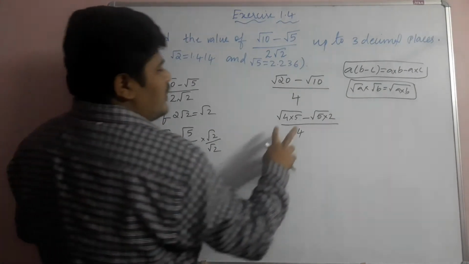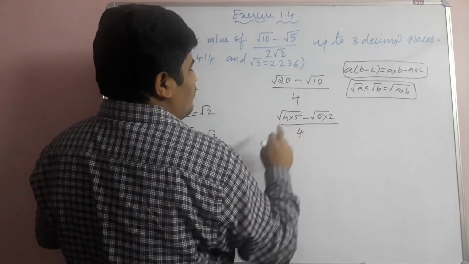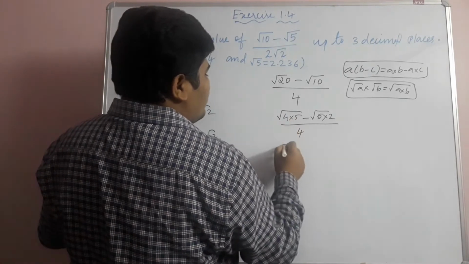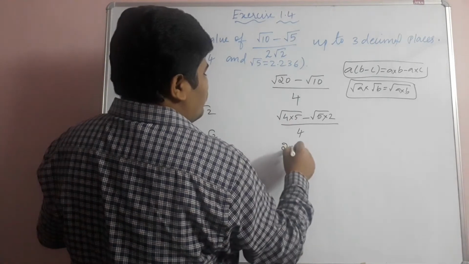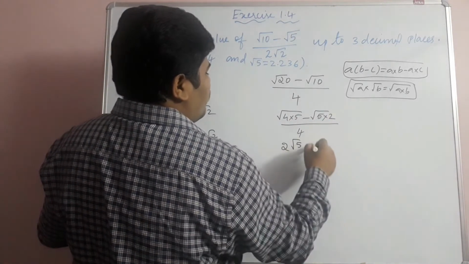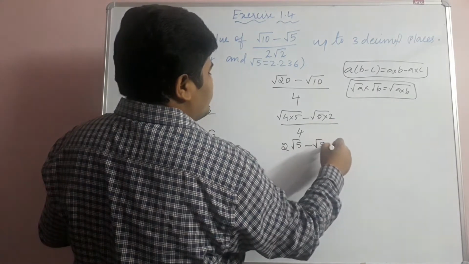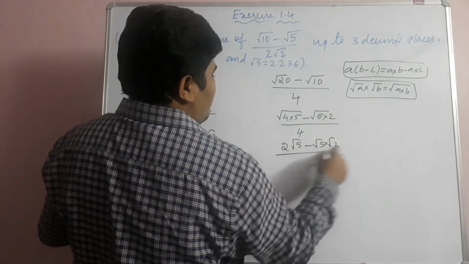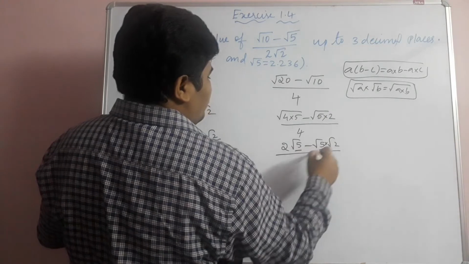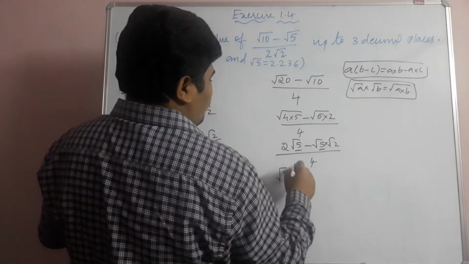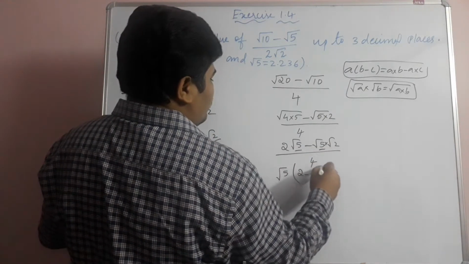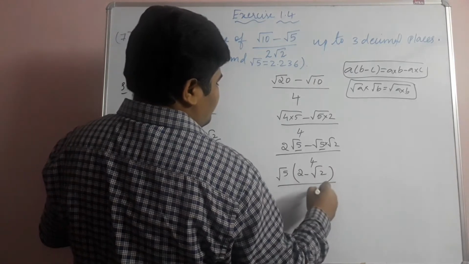Okay, so here we can write it as root 4 into root 5. So root 4 value is what? 2, and root 5 minus root 5 into root 2, by 4. Now students, root 5 same, I am taking it outside. Root 5 of (2 minus root 2) by 4.